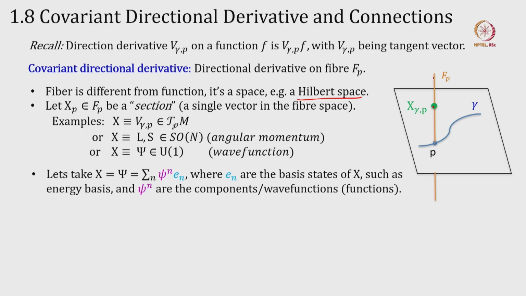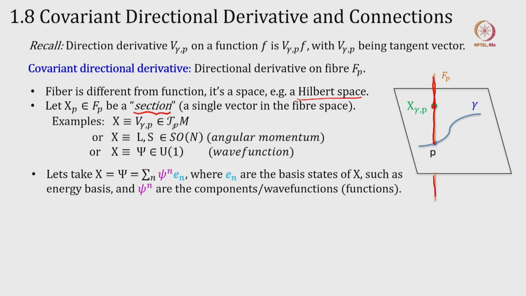So, this entire fiber space we tend to write as a vertical line, just a schematic way to represent that this is not just one point sitting here, but this entire space is sitting here. Okay. And then any point of this fiber is called a section.